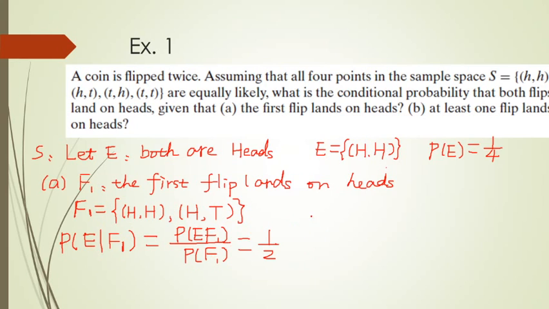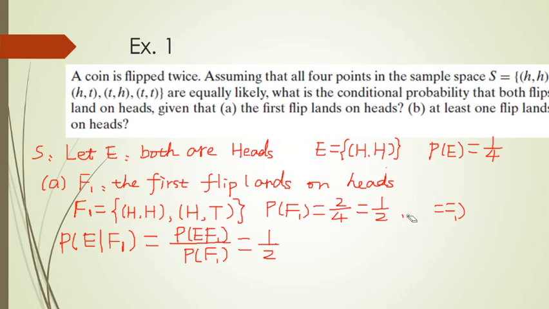Or you can work out one by one. So what is the probability of F1 based on the sample space S? Of course, it is 2/4, which is 1/2. Now let's figure out what is the probability of E and F1. What is E and F1? Now let's try to understand.